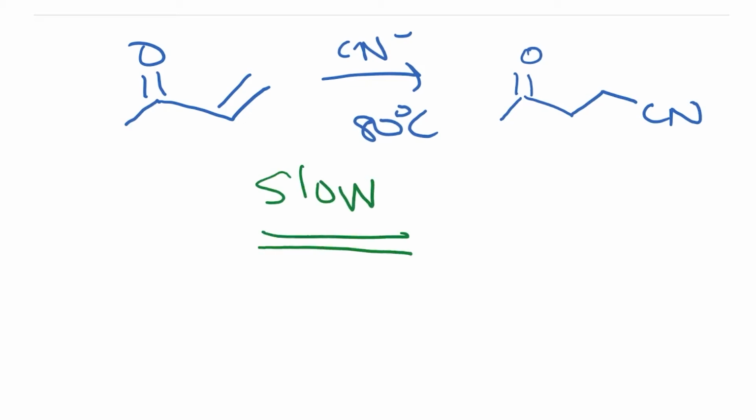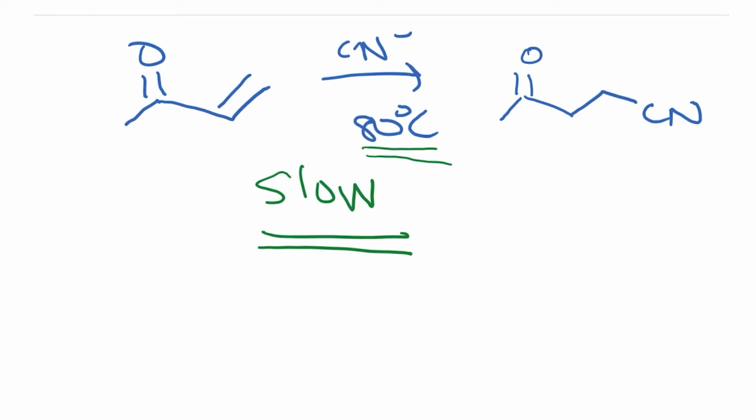Because at somewhere between 5 and 10 degrees centigrade, you do not observe this product, but you need a higher temperature, which likely means that you need a larger fraction of molecules which have enough energy to get over the barrier to form this product.